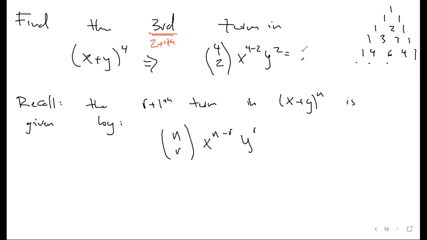That's going to be 6 x squared y squared. So this is the third term in the sequence. In this expansion, this would be the third term. Okay. Is everyone clear on that? How I got that? Yes, no? Should I do another example? Yes.